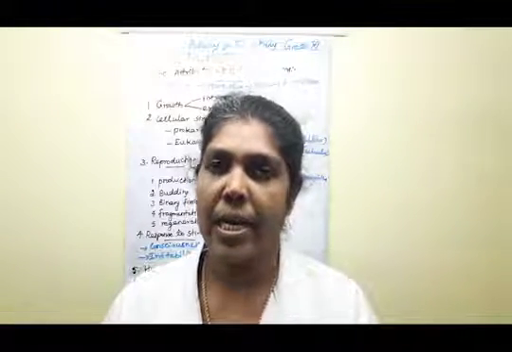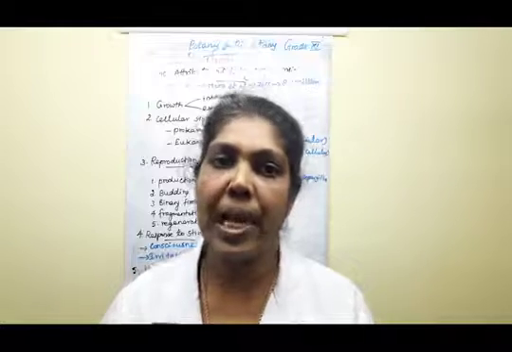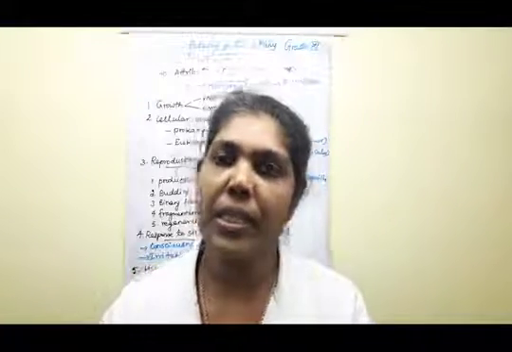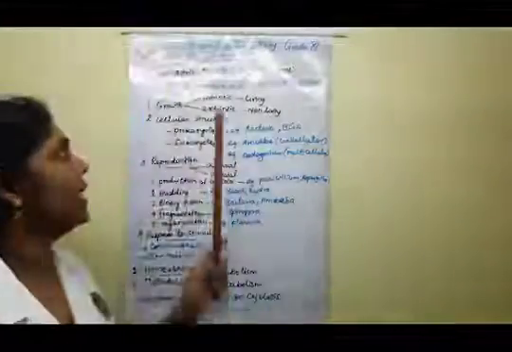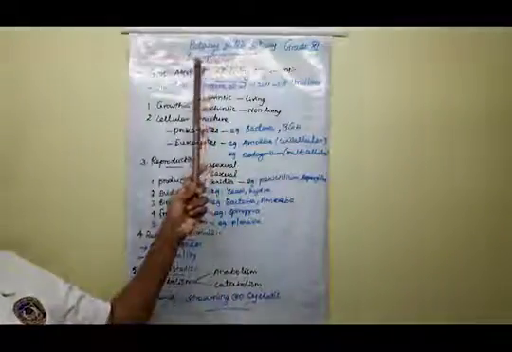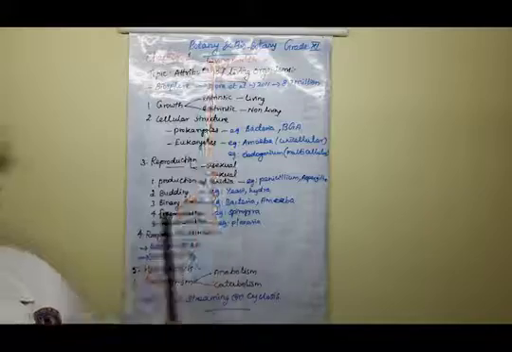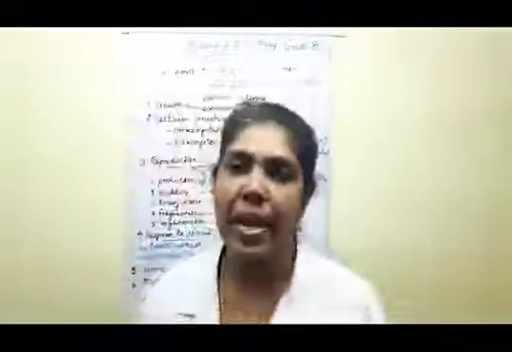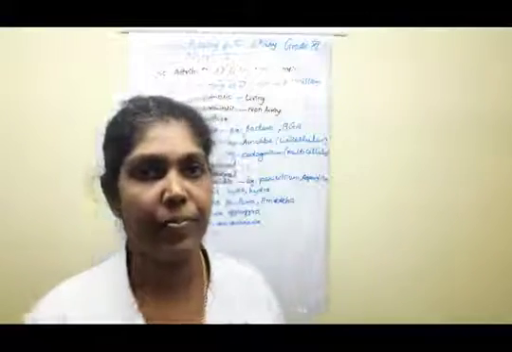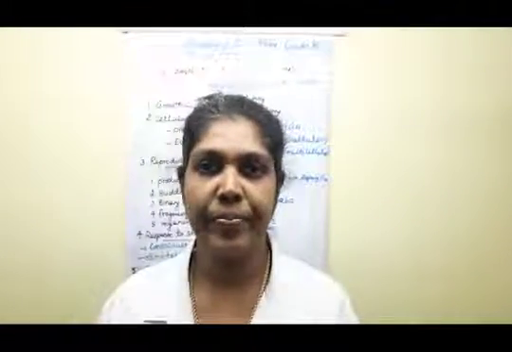Clear, children? So today's class we are going to start the first chapter, Living World. What's the chapter name? Living World. If we are looking at the world, there are many things, isn't it?